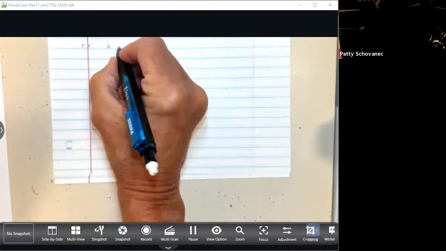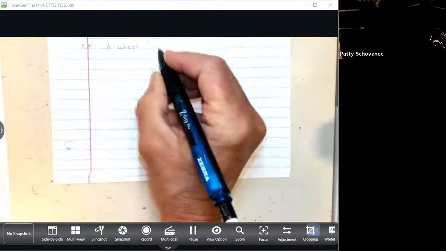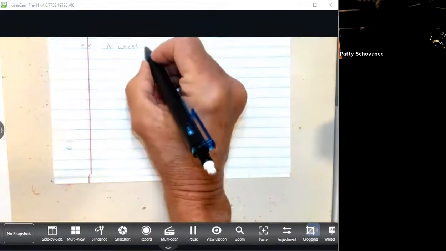What else we got going on? Linear velocity kind of stuff. Let's see, a wheel rotates 35 times per minute.